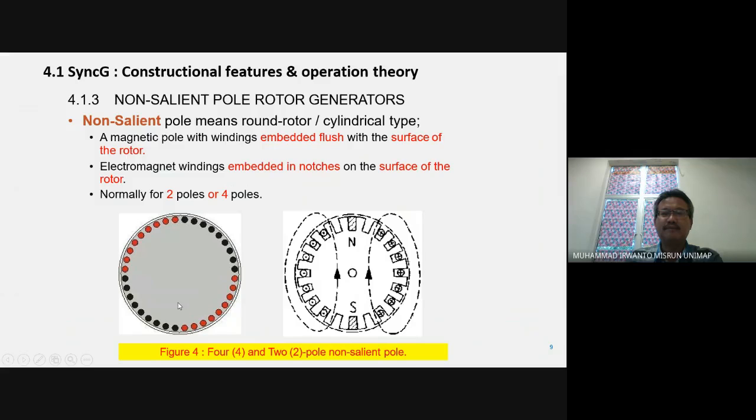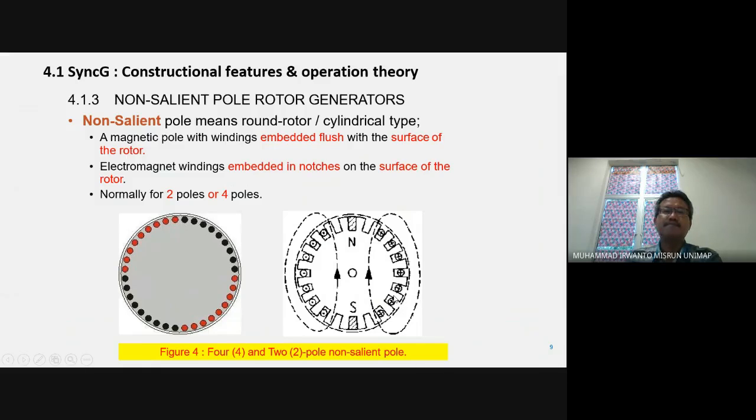We can see here that for the non-salient pole, the rotor is constructed with some slots, and every slot is filled with winding to produce the poles, for example this one for the north and this one for the south.